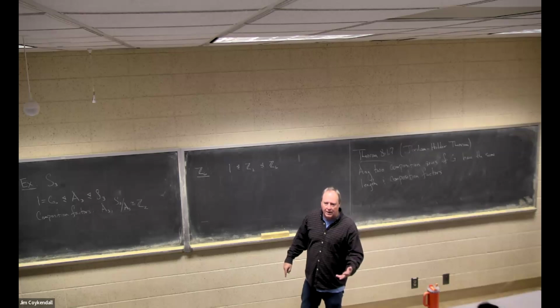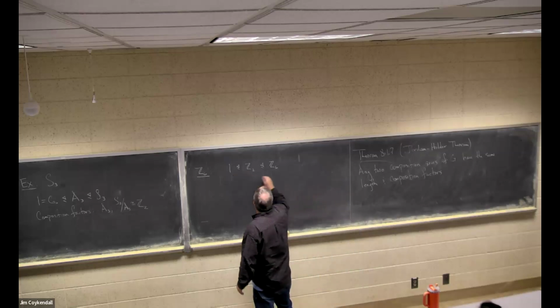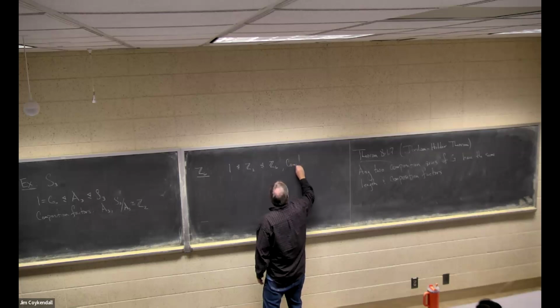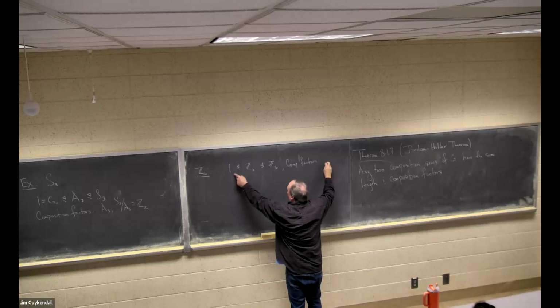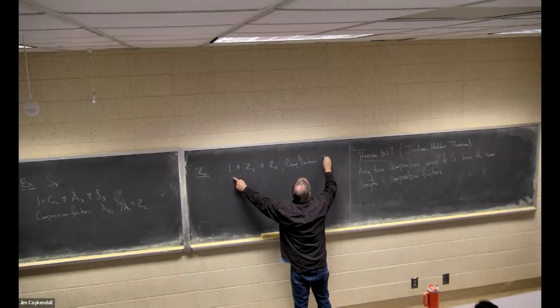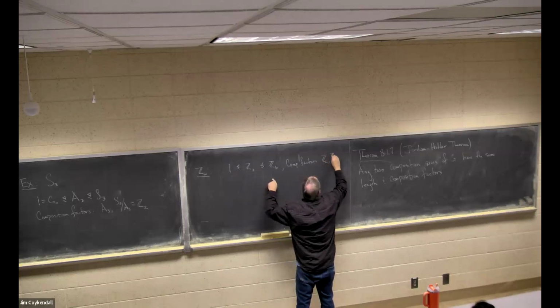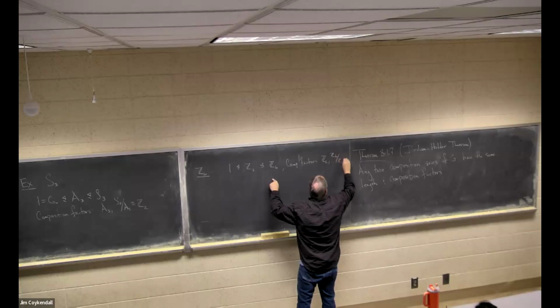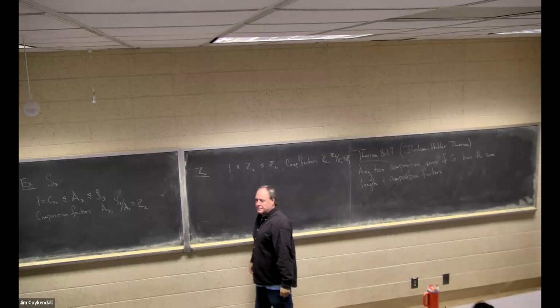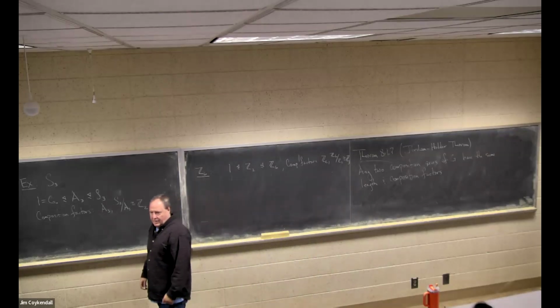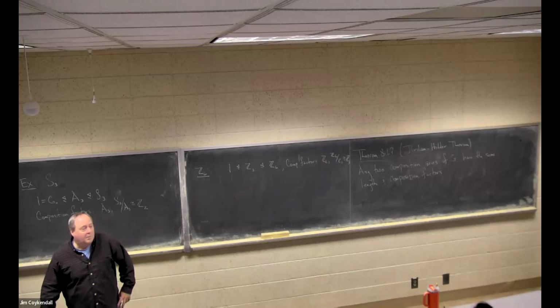Z6 is abelian, right? Notice that the composition factors in this case are Z2 mod 1 and Z6 mod Z2, which is isomorphic to Z3. Everybody agree with that?